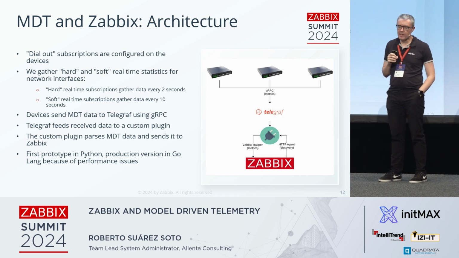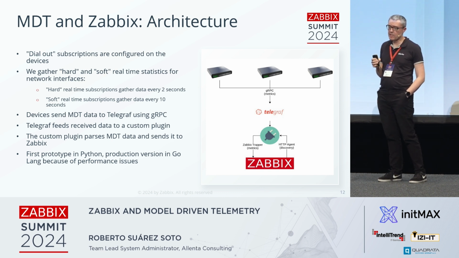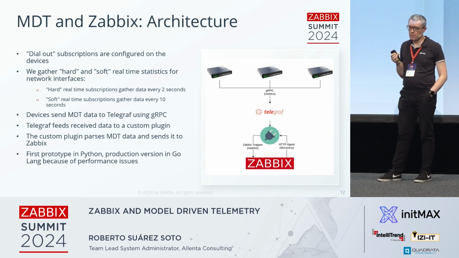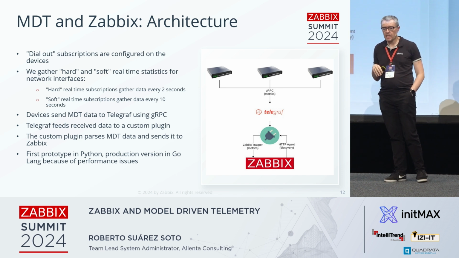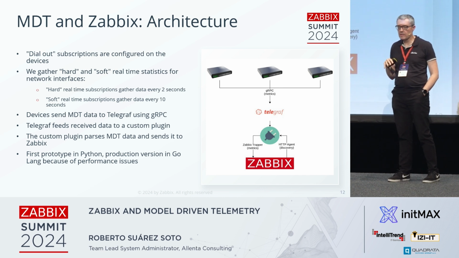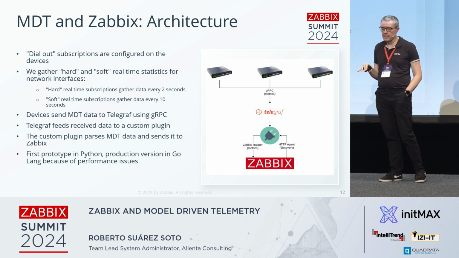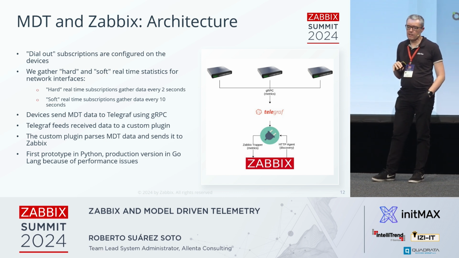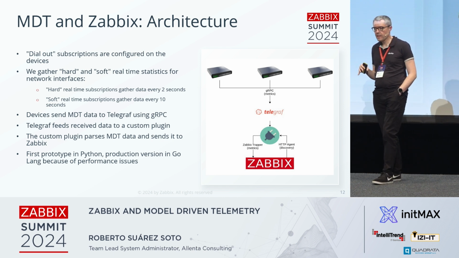We have hard real-time, which is statistics taken every 2 seconds, and soft real-time, which is statistics taken every 10 seconds. We use model-driven telemetry to send this to Telegraf using RPC. Telegraf feeds this data to the Cisco plugin.